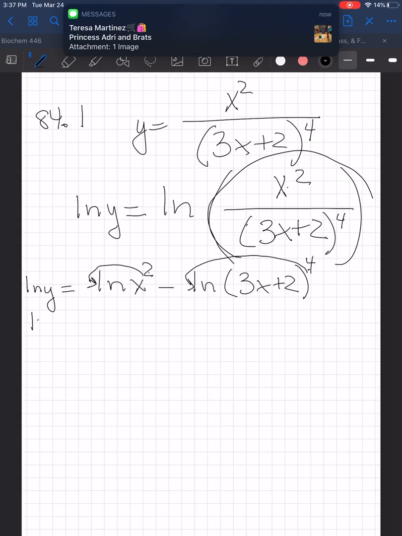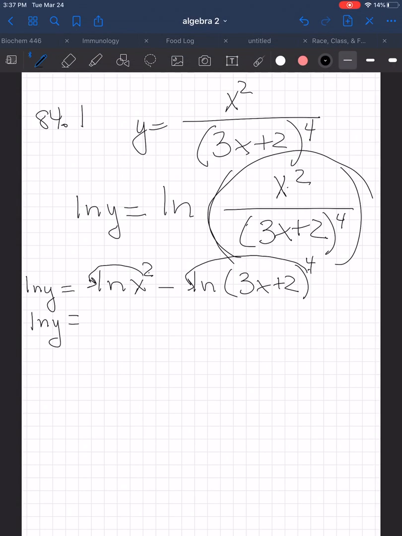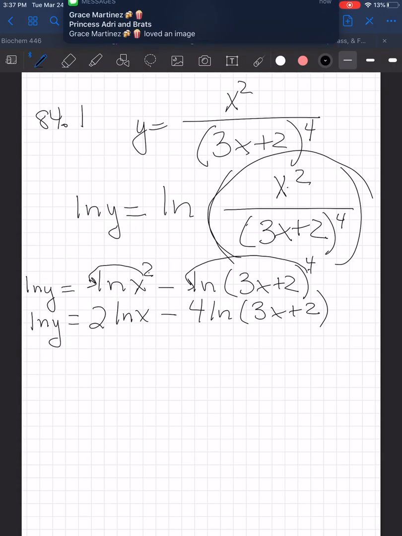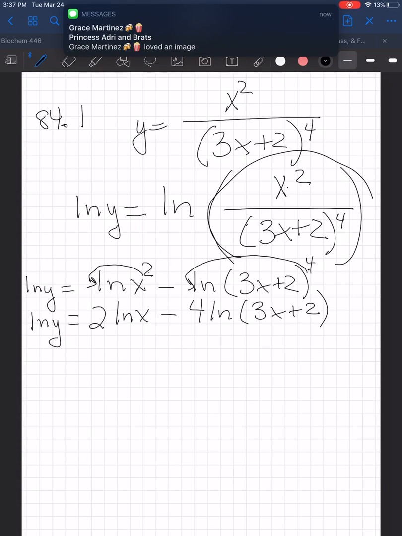So simplifying even further, we get 2 ln of x minus 4 ln of (3x plus 2). Now it's as simplified as we can get it.